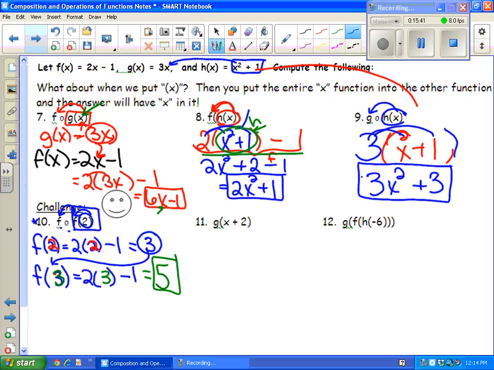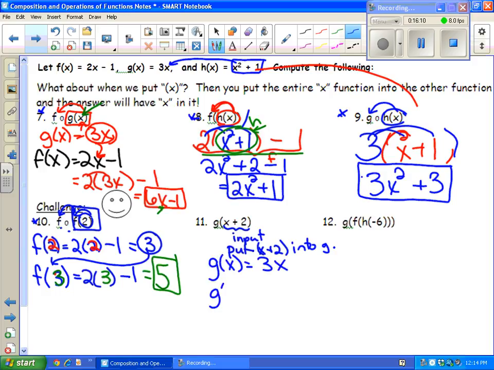All right? g of x plus 2. Now, this is actually my new input, and it's a description of what we have been doing up here when we did all of our composites. I put one function into another function. So I'm going to put x plus 2 as a function into g. It says g of x, which is just 3x.